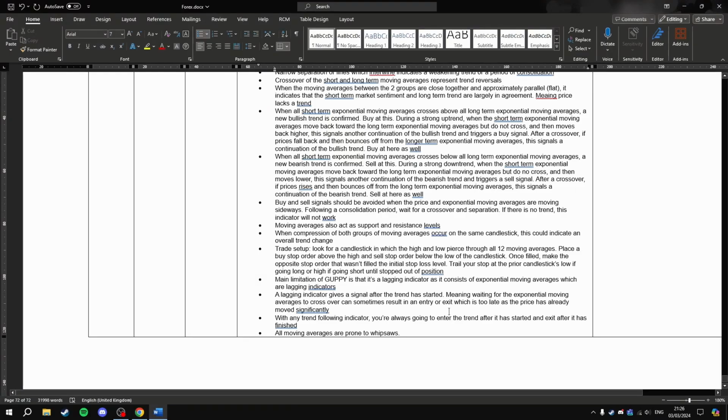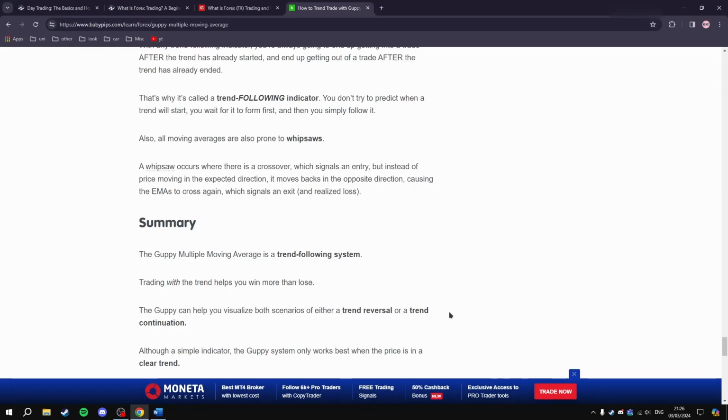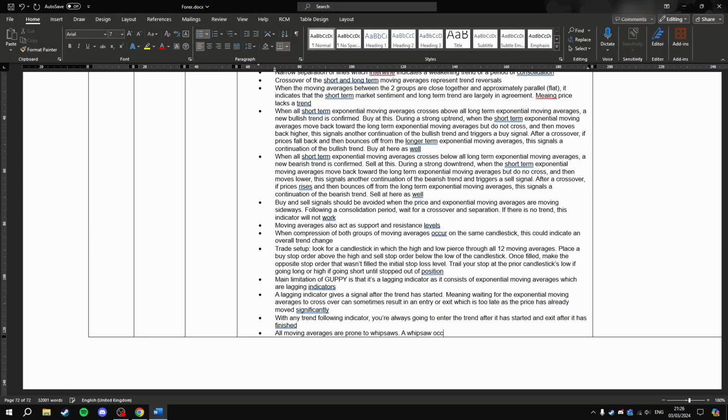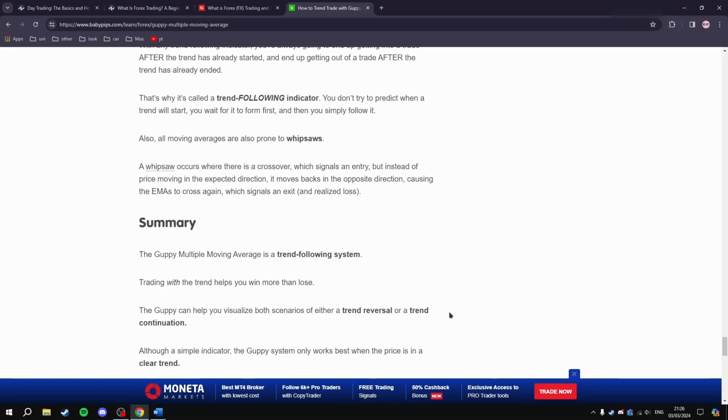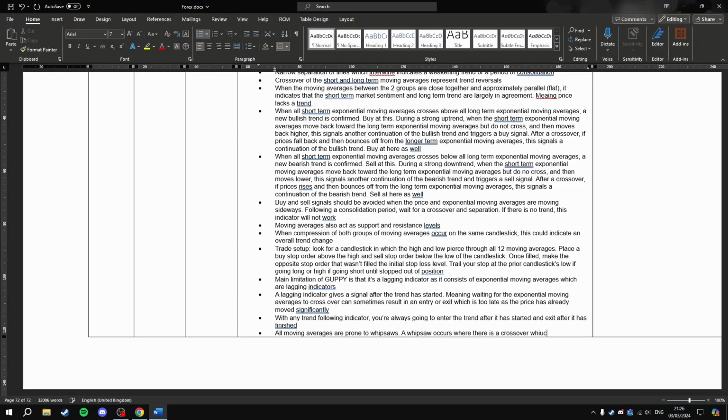So a whipsaw occurs where there is a crossover which signals an entry.